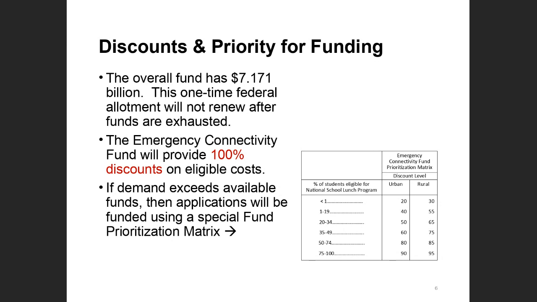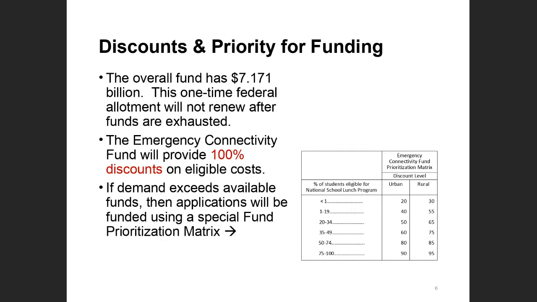Now, the proviso is that in any particular filing window for the Emergency Connectivity Fund, if the demand exceeds the available funds, then the applications will be funded according to a special fund prioritization matrix. This is somewhat similar to what you've seen with the E-rate discount matrix, but there is more of an advantage to rural schools and libraries compared to urban libraries. What will happen is they'll look at the top bracket, in this case 95% for rural schools and libraries with a certain amount of students who qualify for free and reduced lunch, and they will attempt to fund all of those applications first.